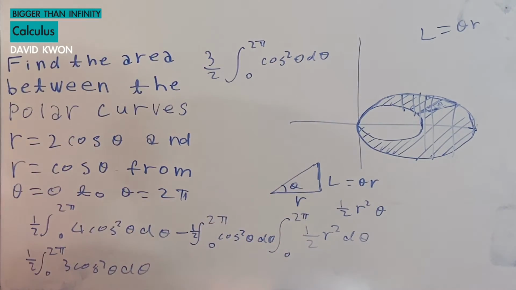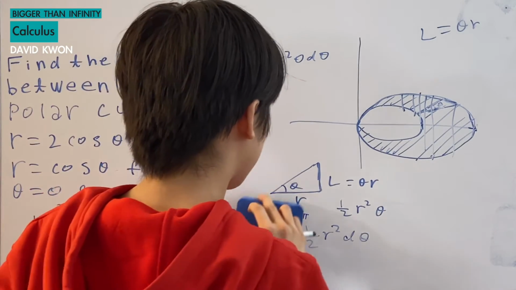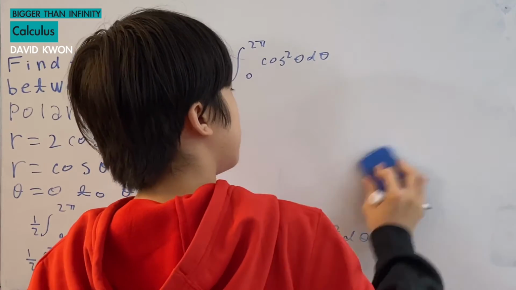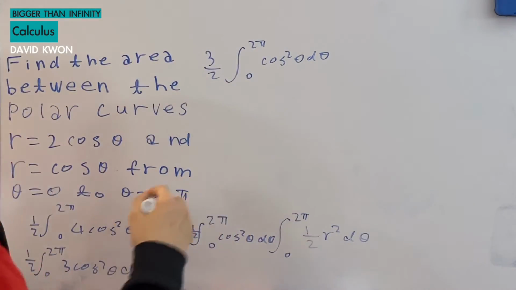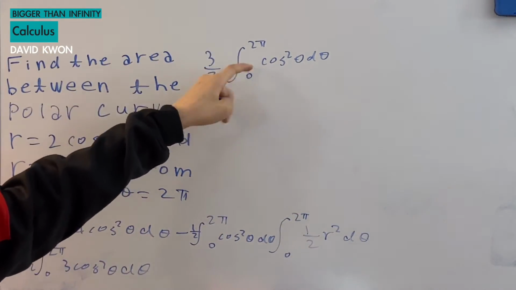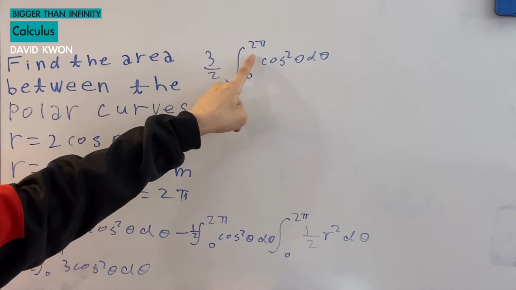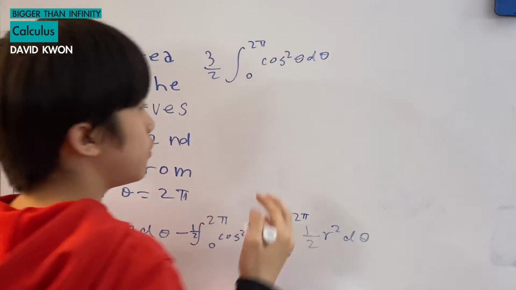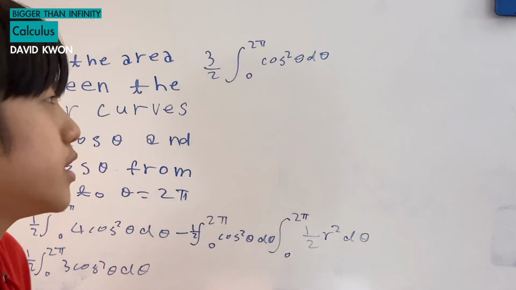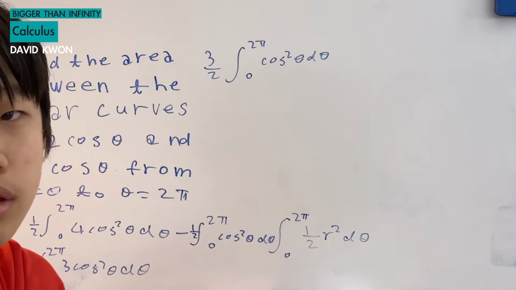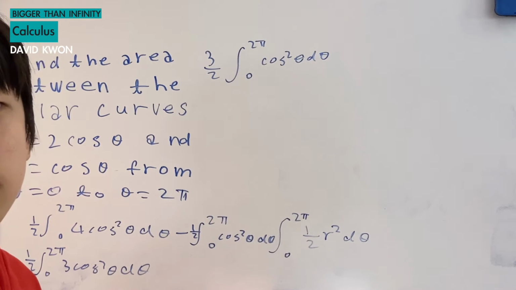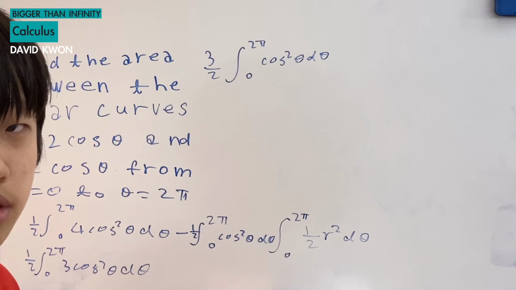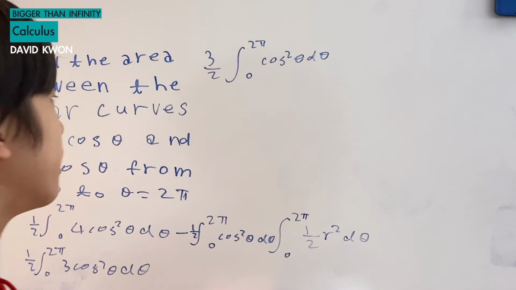Now I'm going to show you something really cool that will save your life forever. It will help you do the integral from any point to any point of cosine squared theta or sine squared theta. You don't have to waste your time remembering that cosine 2 theta is cosine squared theta minus sine squared theta, and that sine squared plus cosine squared is 1, and then subtracting.